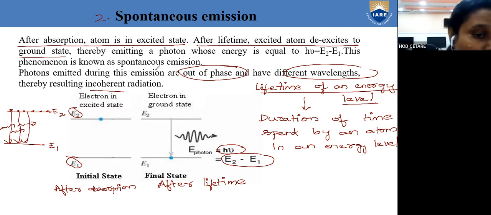and also it is less intense. So the spontaneous emission is going to give us light radiation. But what type of light radiation?